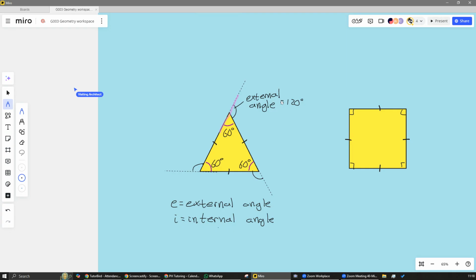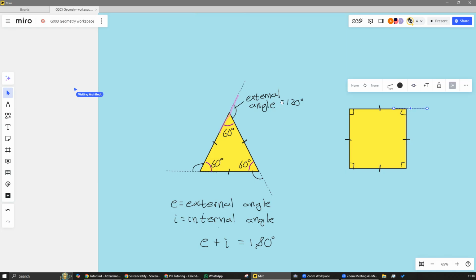We're going to explicitly note that E plus I is always going to equal 180 degrees, because of the definition of what an exterior and interior angle is. And as I think you've all written, the exterior angle of a square is also going to be 90 degrees.